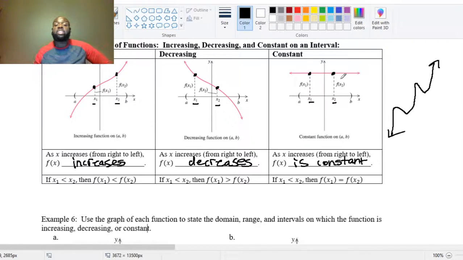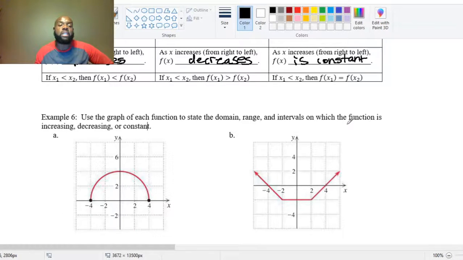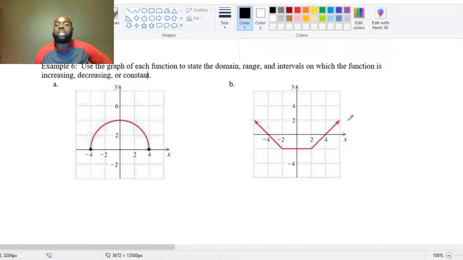All right. And so we should be able to look at your graph to determine where your function is increasing, decreasing, and constant. And we're also going to state the domain and range of each of these functions here. All right. So we're just going to look at one of these. We're running long. Let's look at this example here, right?